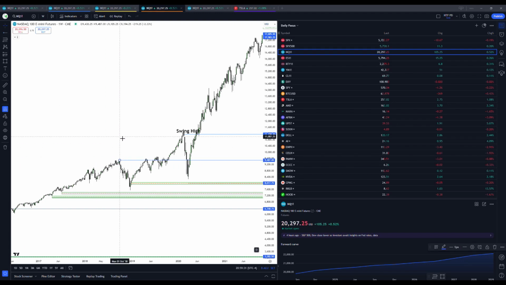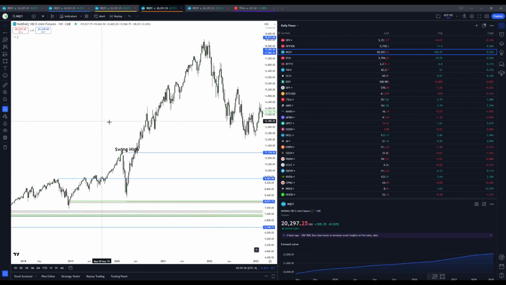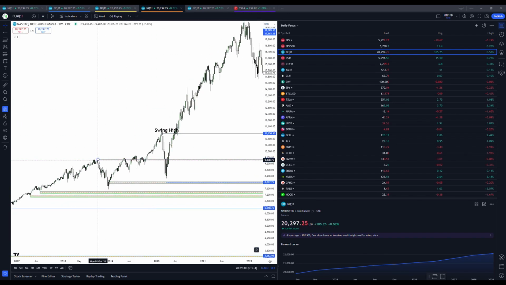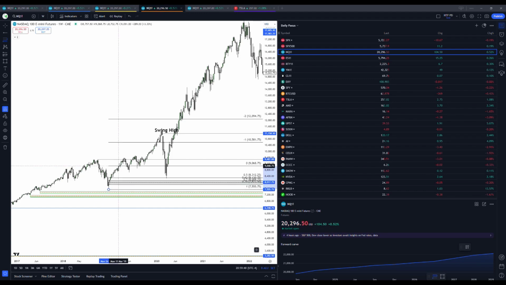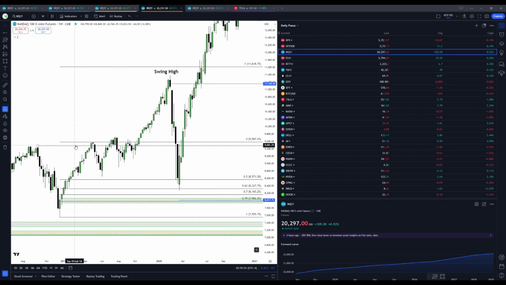And this goes for any high or low. We could do this anywhere. I know we're going back to 2018, but I just want to show you the repetition over the last couple years. It's fair to say that we took out this high with what price run? From this swing low to swing high. Fair?